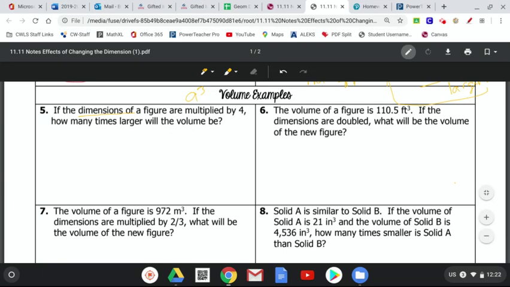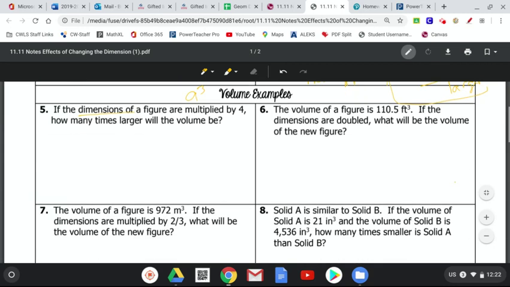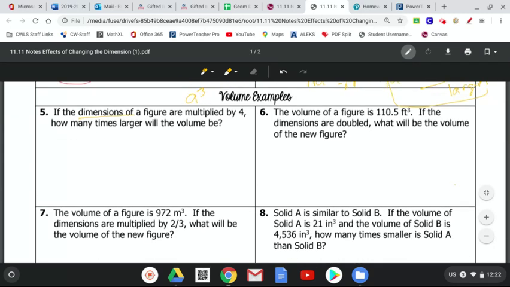So basically, if we're going from figure A to figure B, we're multiplying the length by 4. So all we have to do is take that 4 and cube it, because our 4 is our A. That's our scale factor, the difference between the sides.